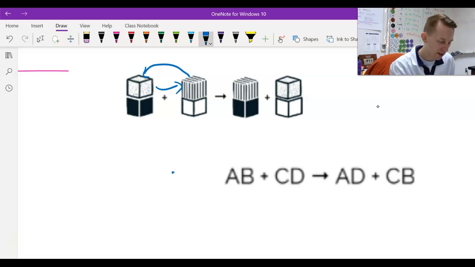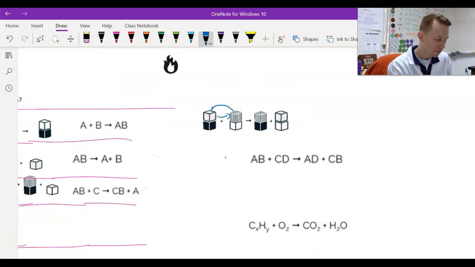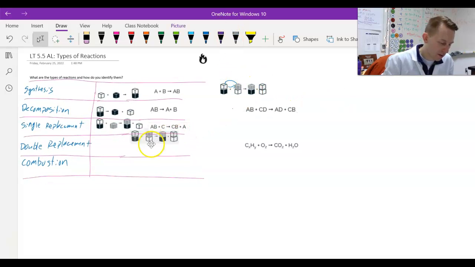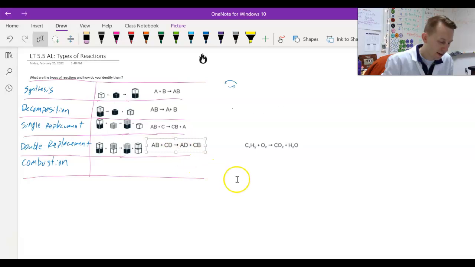So this one that's kind of gray swaps or replaces the one with stripes. And then in the end, they still have partners, so that's why it's double, because they still all have partners, but there's that double replacing that happened there. Okay, so then let's put that there, and then this would be the one that goes along with that.